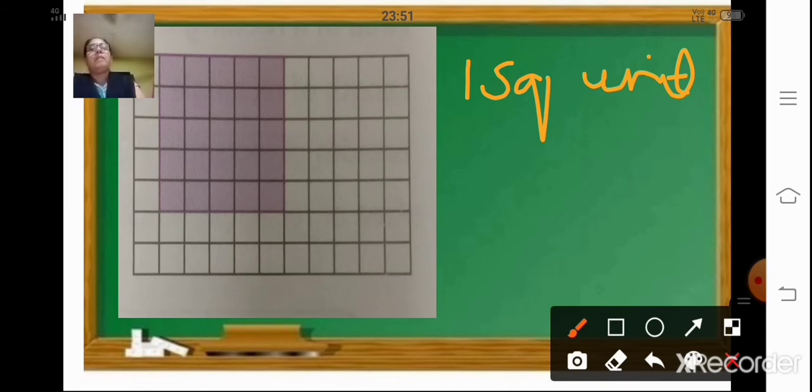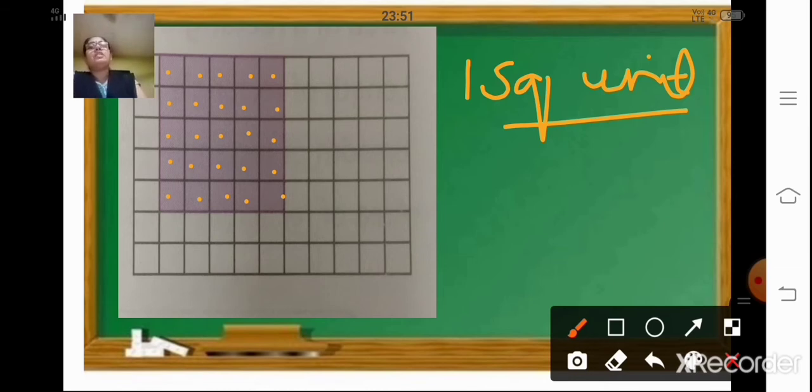So here you can see that the number of squares covered is 1, 2, 3, 4, 5, 6, 7, 8, 9, 10, 11, 12, 13, 14, 15, 16, 17, 18, 19, 20, 21, 22, 23, 24 and 25. So number of squares covered is 25, and area of one square is equal to 1 square unit.